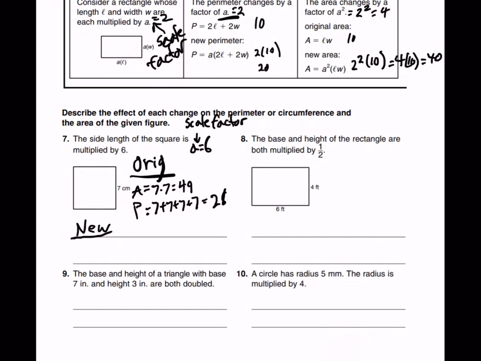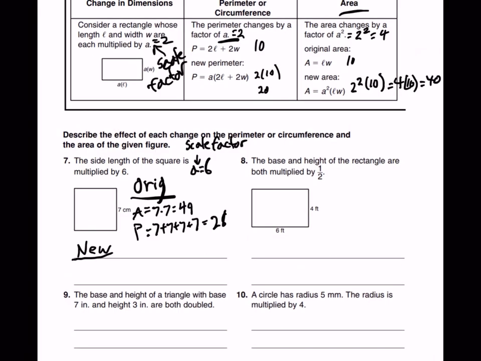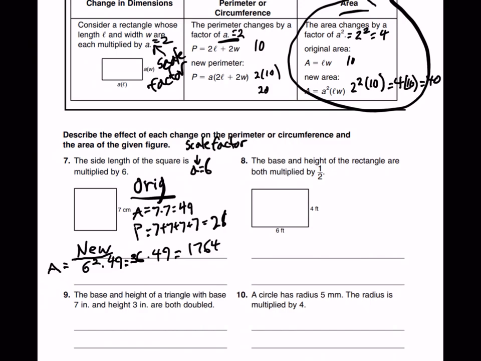So based on the rule that we just looked at, up here for area, I'm going to change my area by not just 6, but 6 squared. So I would do 6 squared times 49, which is 36 times 49, which gives me my new area of 1764.